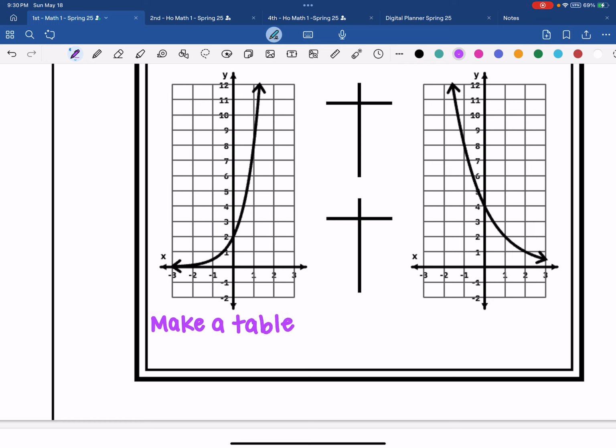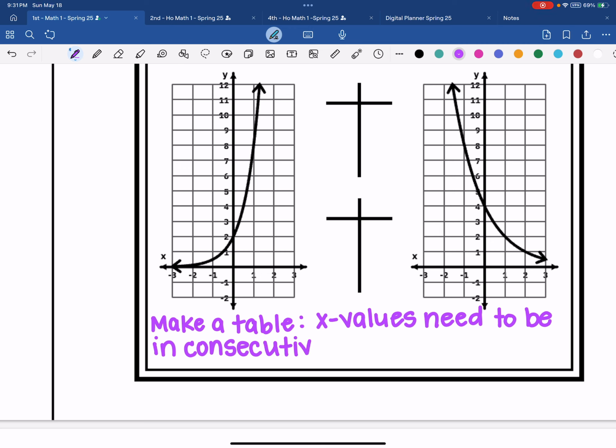So when you make your table, you want to make sure that the X values of your points, whatever points you pick, need to be in order from least to greatest and in consecutive order.